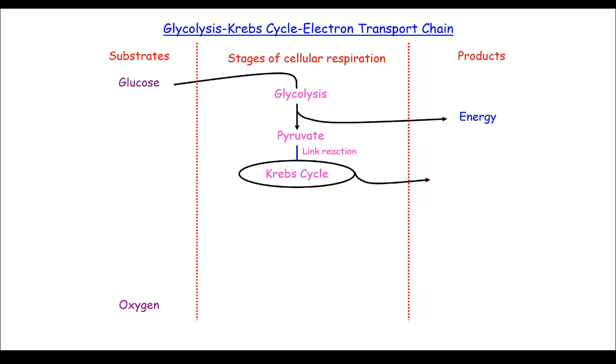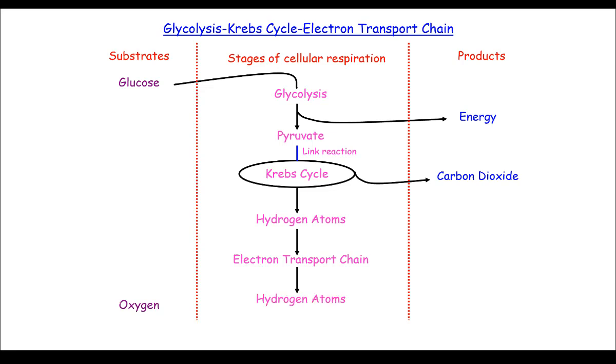Krebs cycle is a little process which releases carbon dioxide, but it also produces loads and loads of hydrogen atoms. Now those hydrogen atoms then go into a little process known as the electron transport chain, where they get passed along from different electron carriers, and then we get the hydrogen atoms released again, only they've given up some of their energy, which has been used to produce ATP.